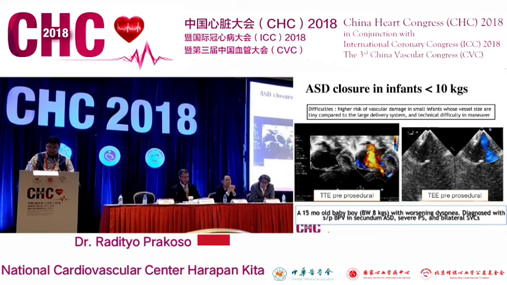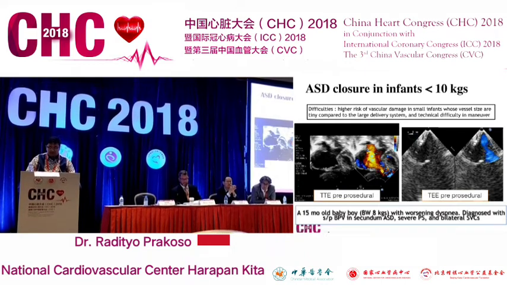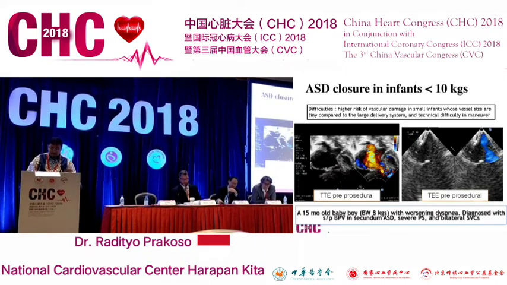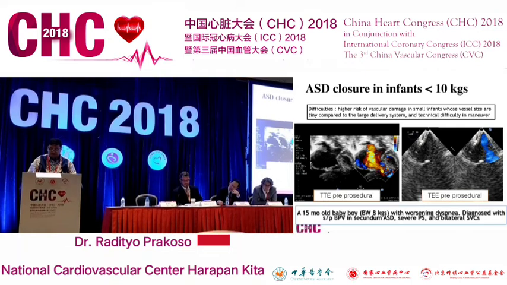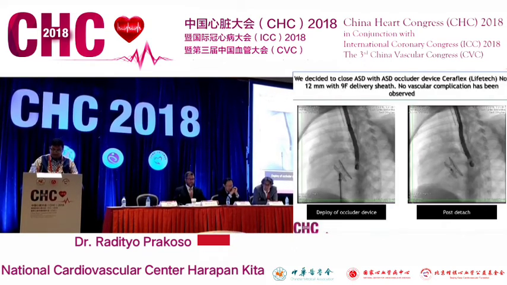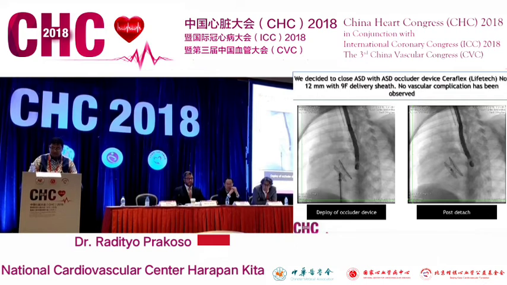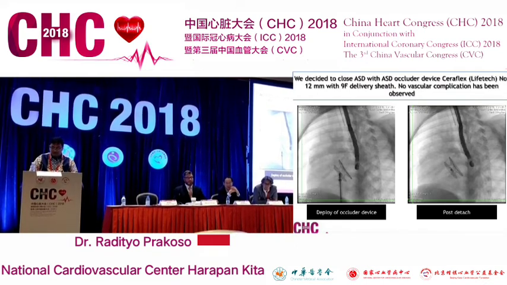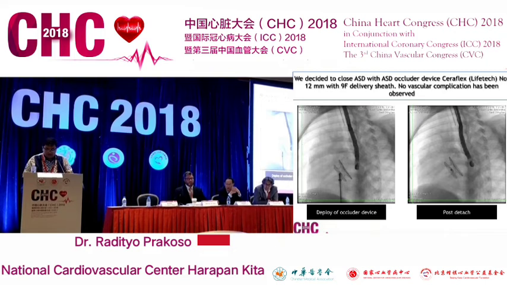And after that, the bluish discoloration diminished, but from 4 months there was failure to thrive. So we decided to close the ASD by device. So we put the ASD device in a very good position, and the patient is in good condition and can grow well.